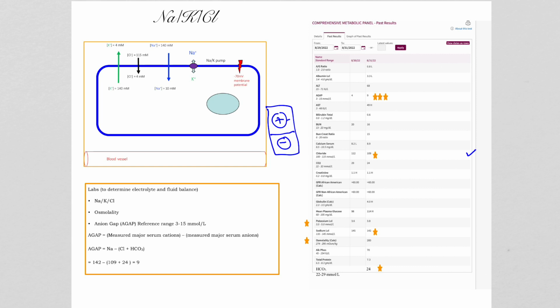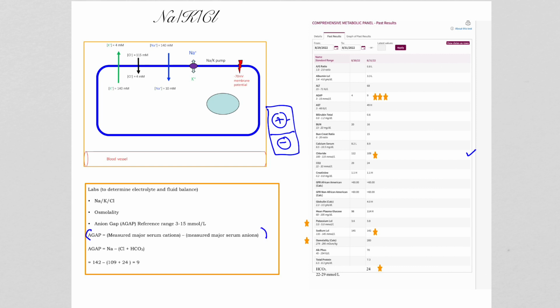So the value that we call anion gap may be obtained from these routine serum values for the major electrolytes. The anion gap is basically this formula here.